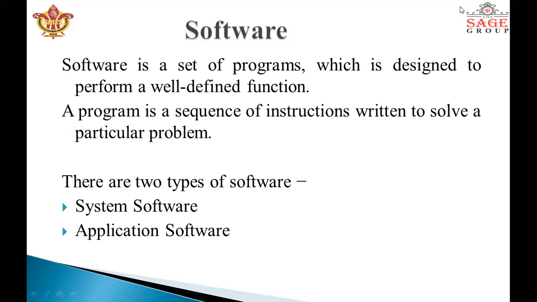And what is application software? Application software products are designed to satisfy a particular need of a particular environment. You can say that all software applications prepared in a computer lab come under the category of application software.